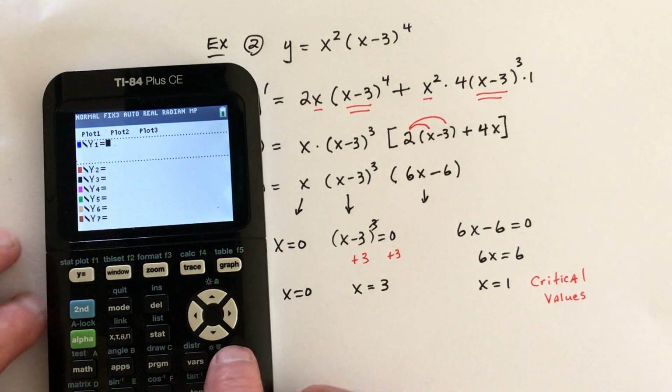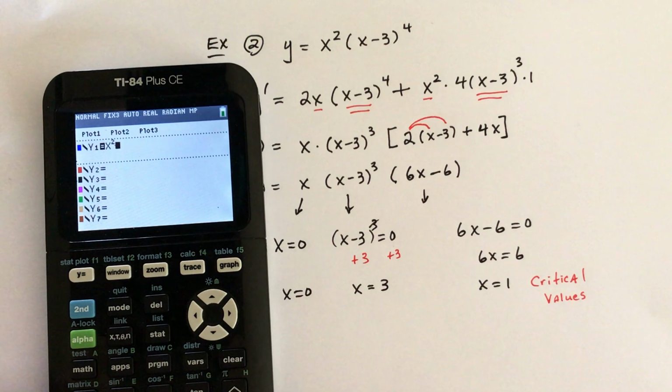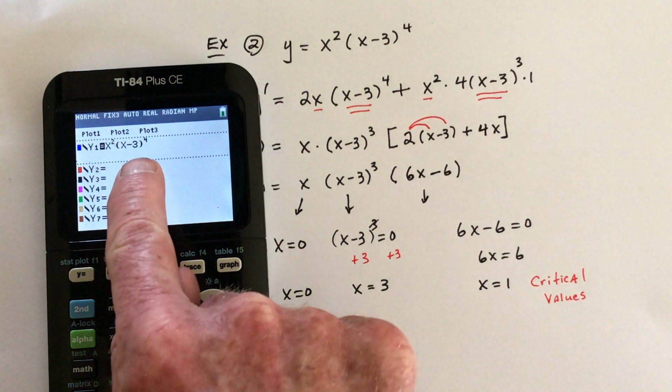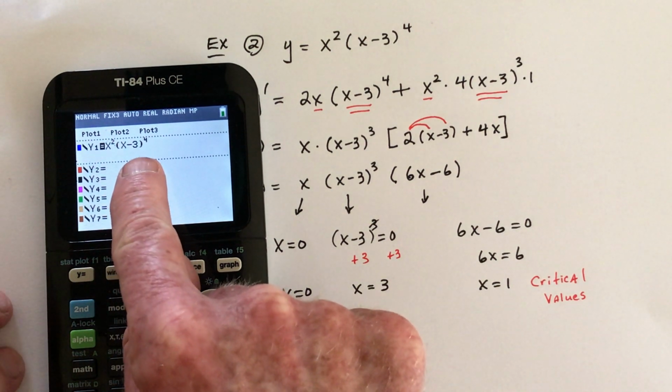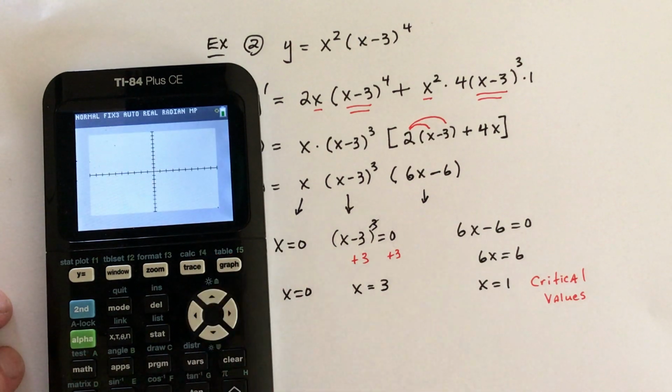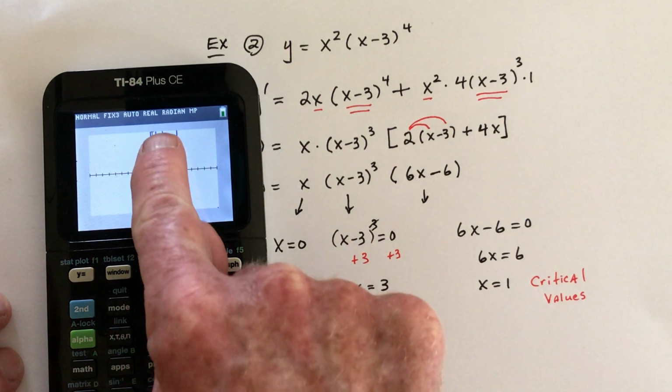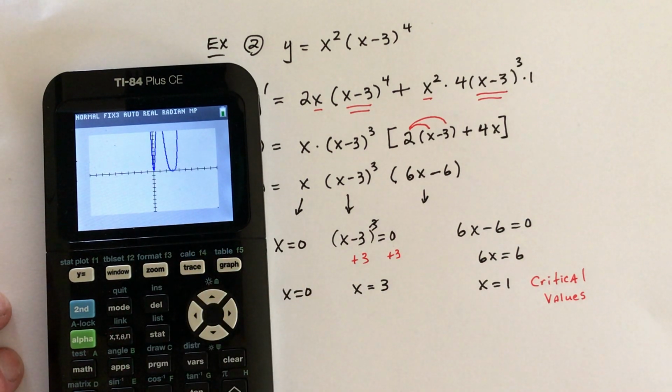So y equals, there's an x squared, parentheses, x minus 3 was raised to the 4th power. Now because this exponent is so big, it's most likely going to go off the screen. So when you graph it, at first we may not be able to see the whole thing. Yeah, so basically it's really tall and it's going off the screen.